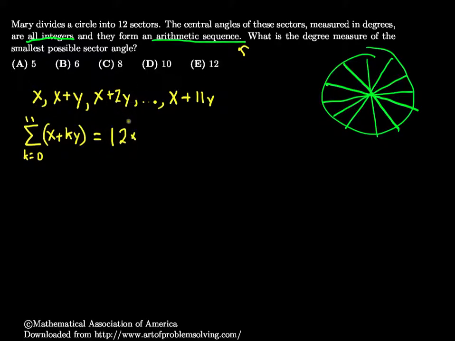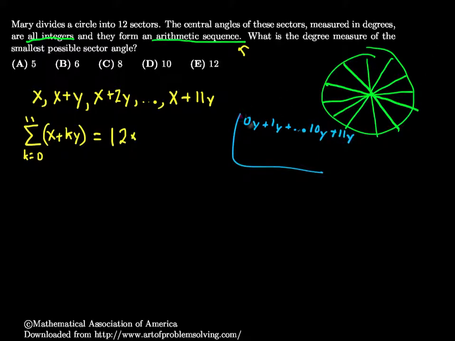And now the y's. We should know the sum of an arithmetic sequence. Notice we have 0y plus 1y plus all the way up to 10y and 11y. That's the last amount of y's we have.